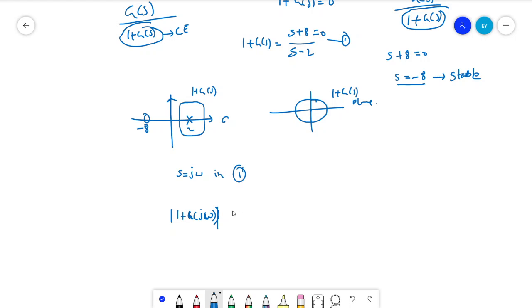At omega equal to 0, what you get is 4. Just substitute s equal to j omega, 8 by 2, that is nothing but 4, right? Similarly, for 1 plus g of j omega magnitude, for omega equal to infinity, if you substitute infinity here, you would get 1.